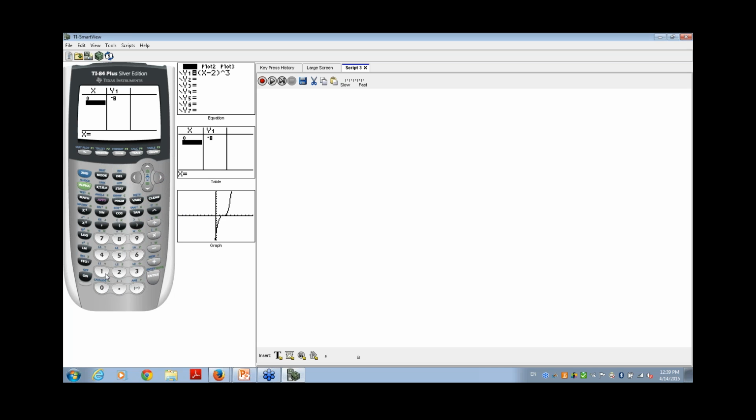When x is 1, press enter, my y is negative 1. I'm going to try 2. When x is 2, my y is 0, and I'm going to just do one more. When x is 4, my y is 8.